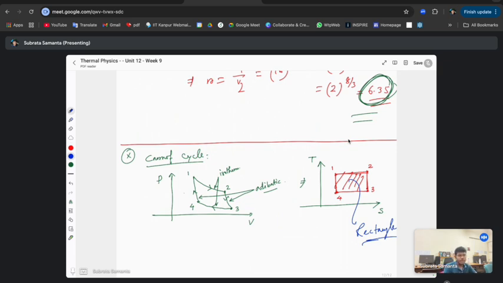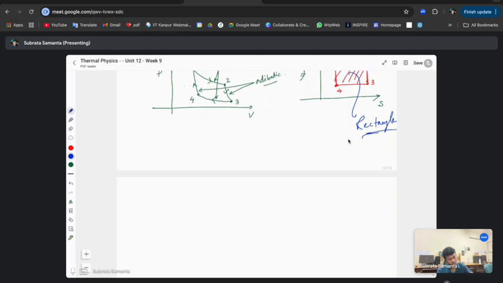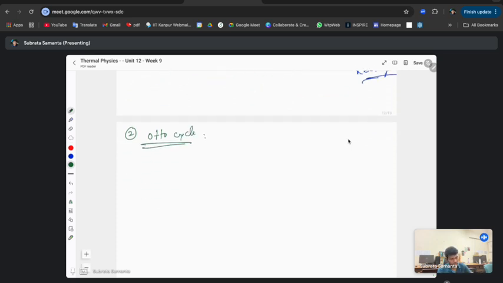What about the other kinds of cycles? Let's say the second one, the Otto cycle. The Otto cycle in your PV plane has two adiabatic and two isochoric processes.